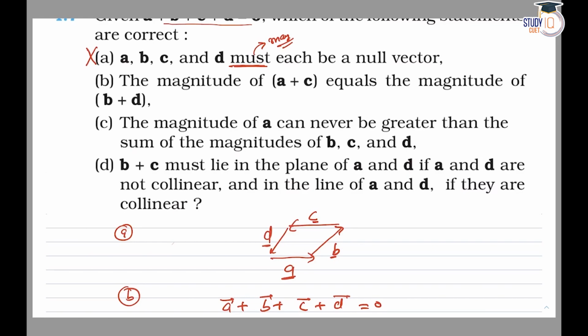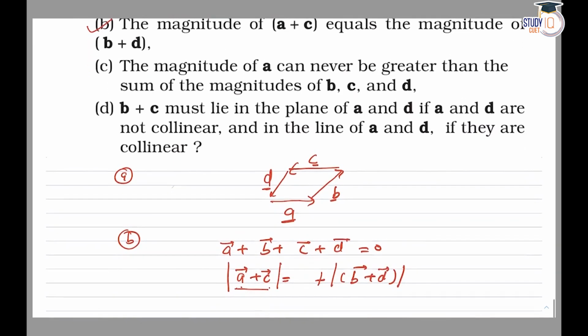It would become plus. So from this we can say magnitude of A plus C is equal to magnitude of B plus D. So option B is also correct, which says that A plus C magnitude is equal to B plus D magnitude.